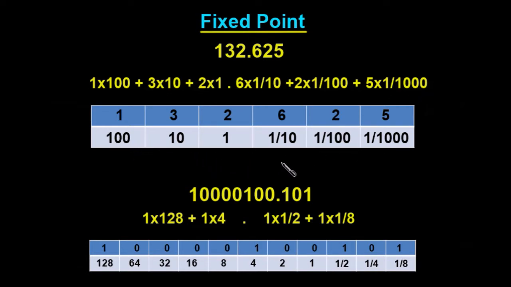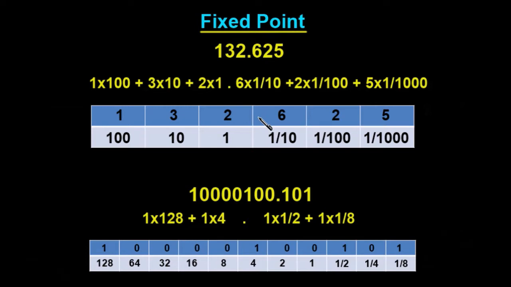So we've got the units, the tens, the 100s, 1 upon 10, 1 upon 100 and 1 upon 1000, and each of those are associated with the 132 and the 625, and the point is at this point here, and it's just understood.